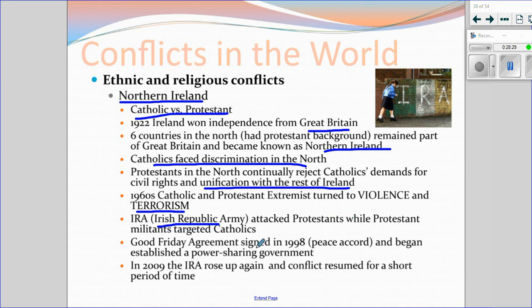They signed the Good Friday Agreement in 1998. There was a peace accord and they began to establish a power-sharing government. In 2009, though, the IRA rose up again, and we saw continued violence, though for a short period of time.